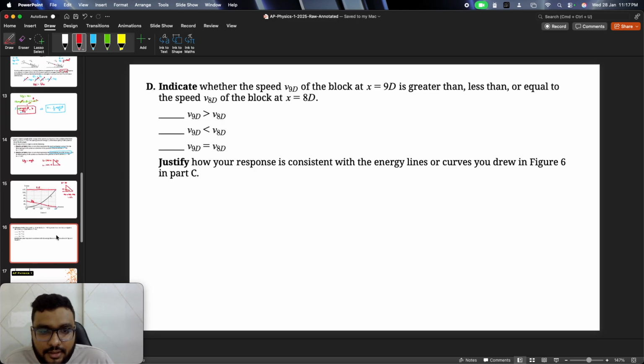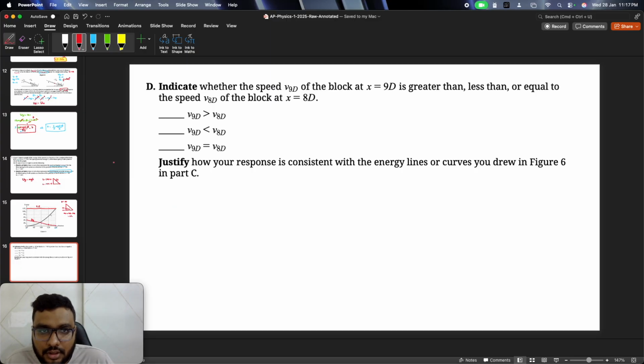Okay, and last question, last part of the second question, what does it say? Indicate whether the speed v9d at a distance 9d is greater than, less than or equal to the speed v8d of the block at x equals 8d. So let's simply compare the equations at x equals 8d. At x equals 8d, I know that spring potential energy is 0.